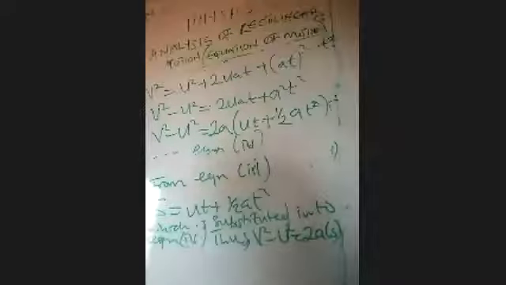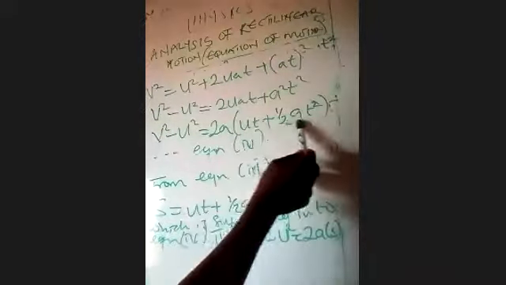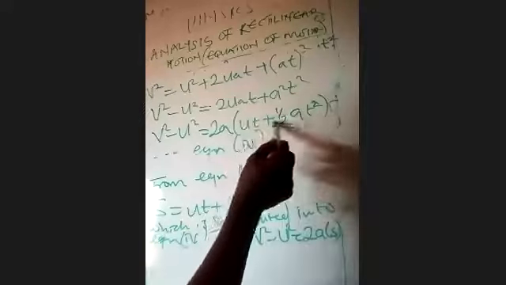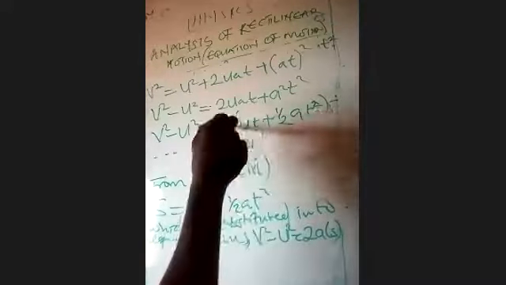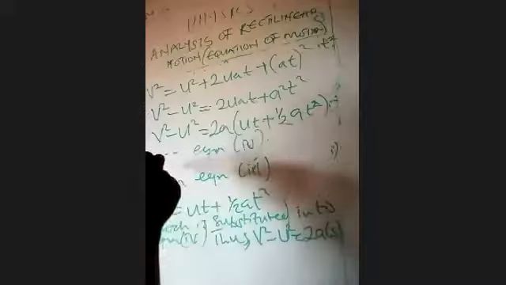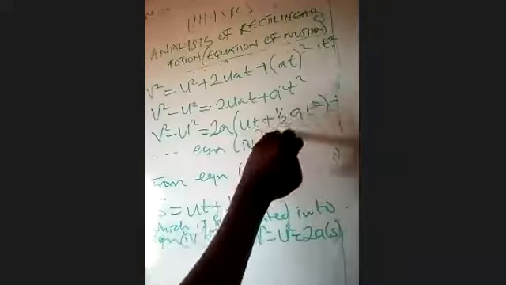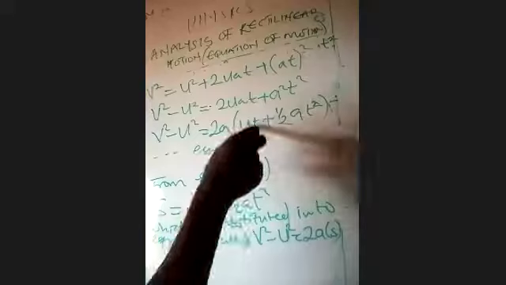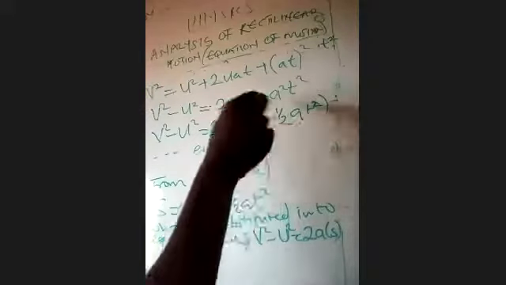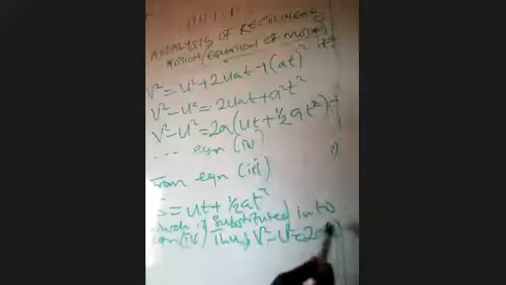Equation 3 comes in inside this bracket, ut plus half at squared, and we substitute this equation 3 just by s.